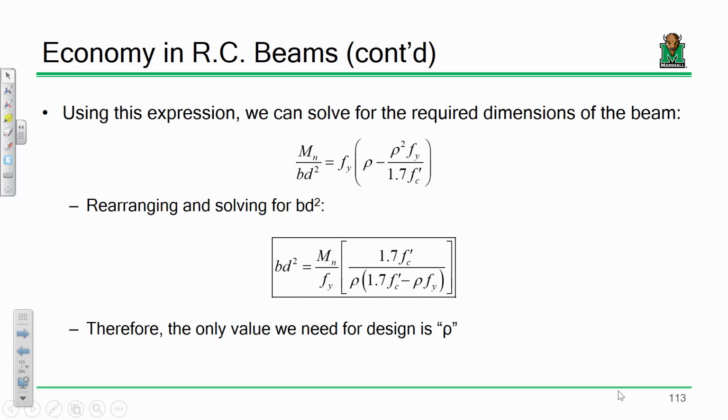Okay? Mn. Now, I don't know Mn because I haven't designed the beam. But go back to homework 1. What did we do on homework 1? We were given a floor system, and we took that floor system and we determined how much moment was on a given beam, right? So wouldn't that tell us how much moment that beam needs to be able to withstand?